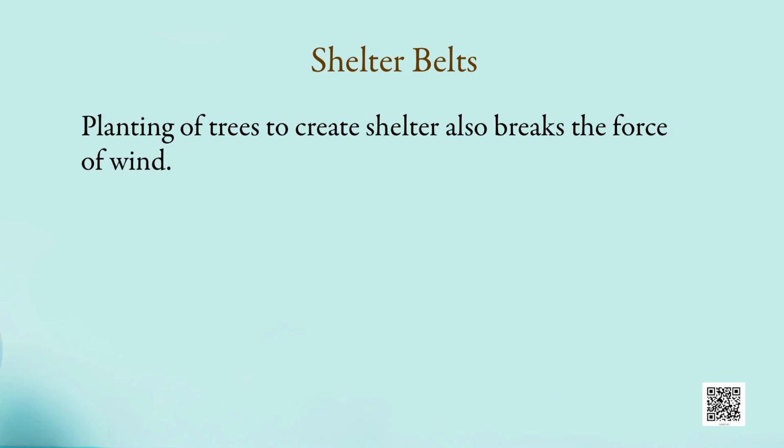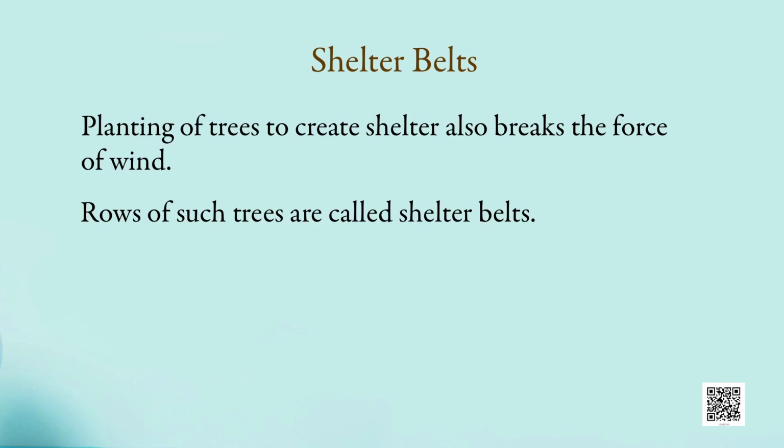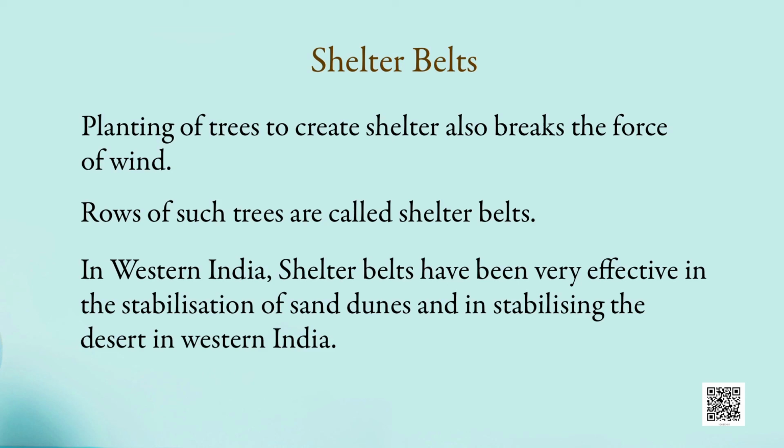Shelter belts refers to the planting of trees to create shelter, and this also breaks the force of wind. Rows of such trees are called shelter belts. In Western India, shelter belts have proved very effective in the stabilization of sand dunes and in stabilizing the desert in Western India.